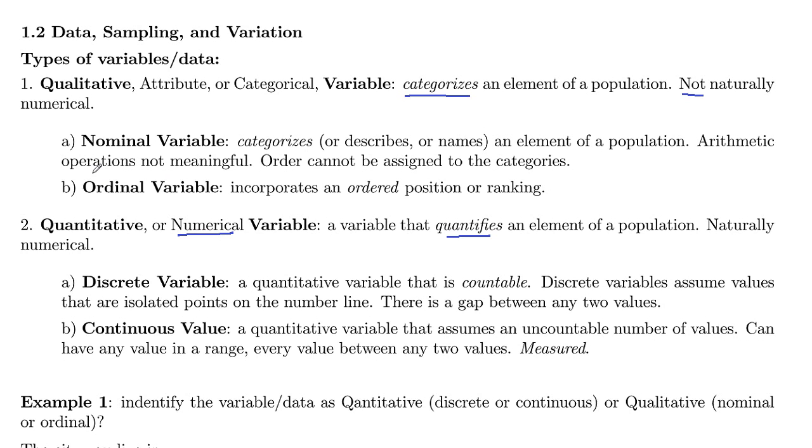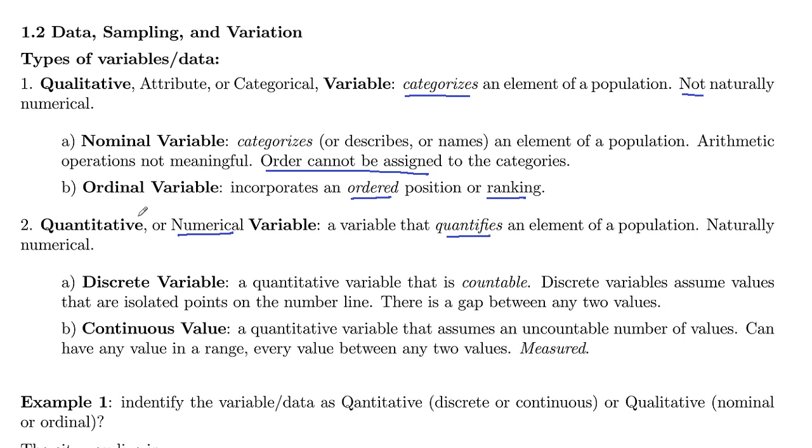Arithmetic operations are not meaningful, and order can't be assigned. So there's no ordering with nominal variables. And then the next type of qualitative variable is an ordinal variable. This incorporates the idea of ordered position or ranking into the categories. So ranked categories are ordinal data.